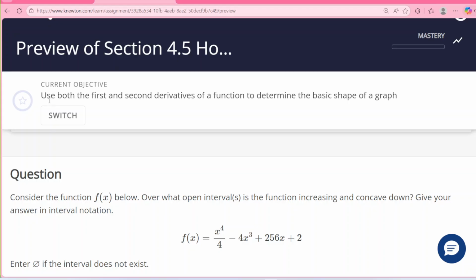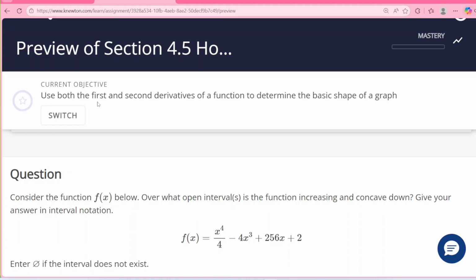So this first objective is use both the first and second derivatives of a function to determine the basic shape of a graph. I've already discussed what the first derivative and second derivative tell us about the graph of a function in the part 1 and part 2 videos for this assignment.